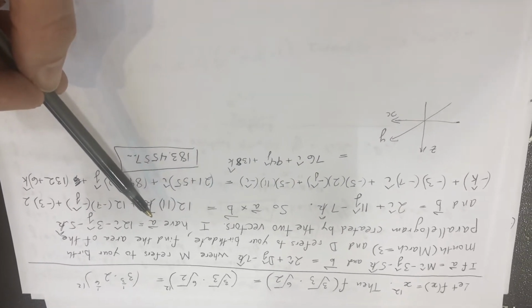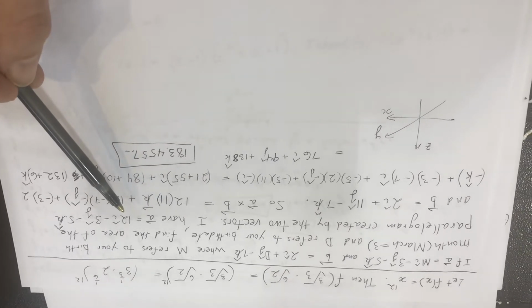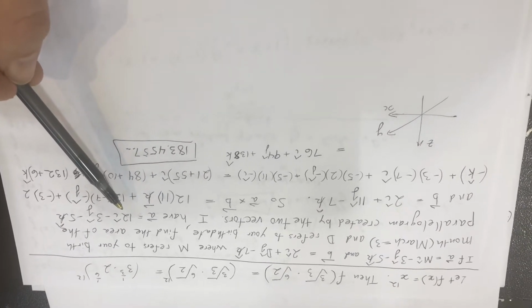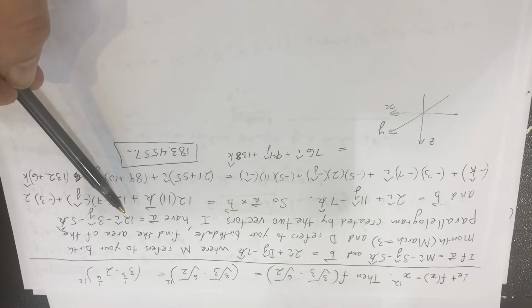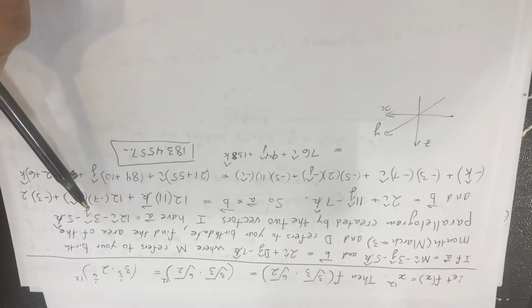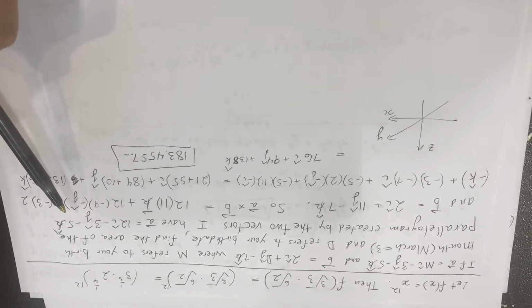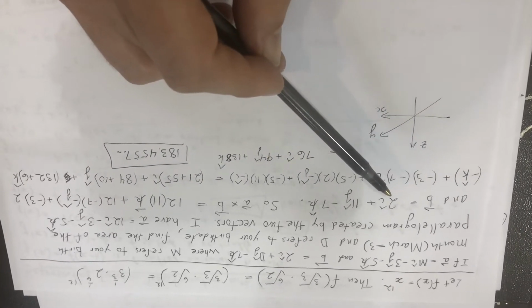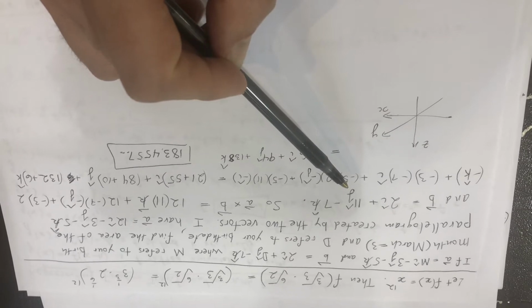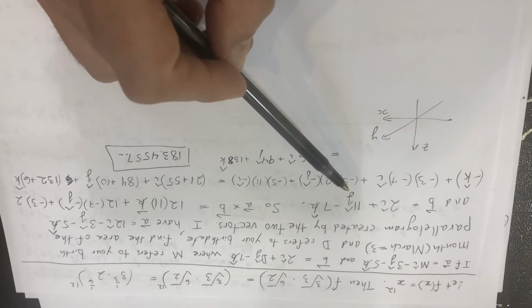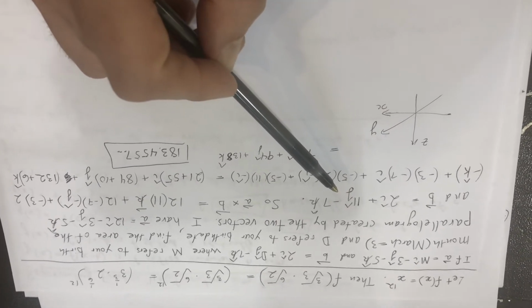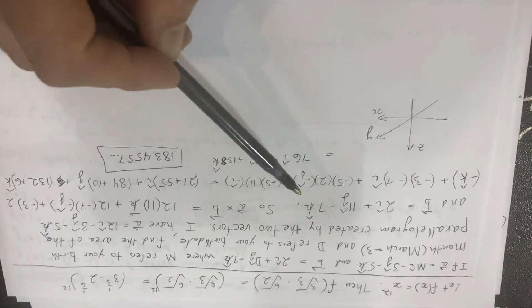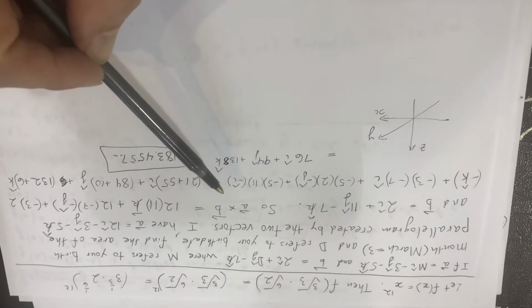I have A equals 12i, assuming I was born in December, minus 3j minus 5k, and B equals 2i plus 11j, if I was born on the 11th day, minus 7k. So A cross B.